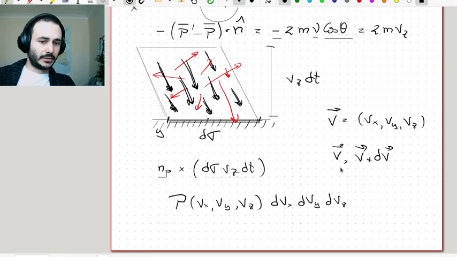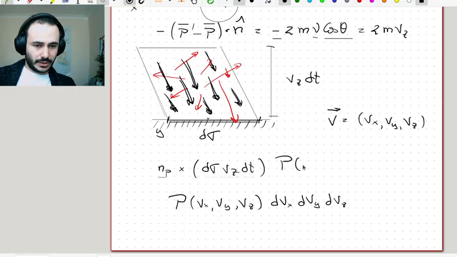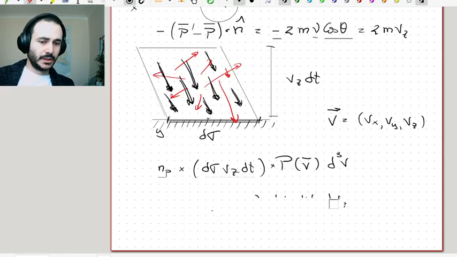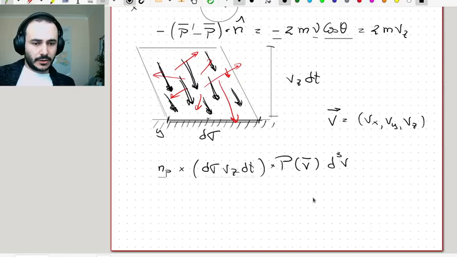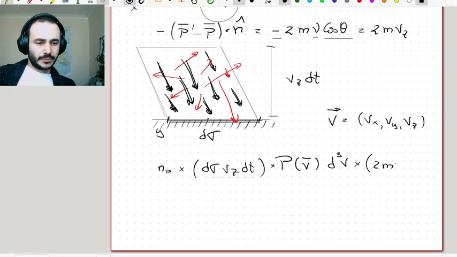Okay, let's do it. I will use more compact notation because I don't want to write all of this. I write calligraphic P of the vector v, and here I have d cubed v. And of course I care about the momentum that each one of these particles transfers to the wall, which is what we calculated before, 2mvz.